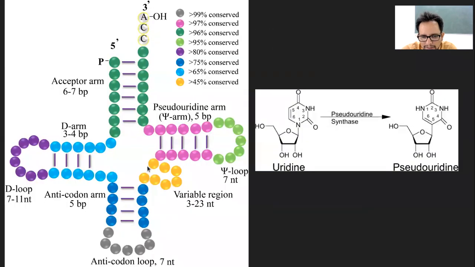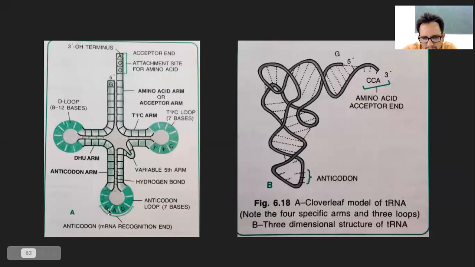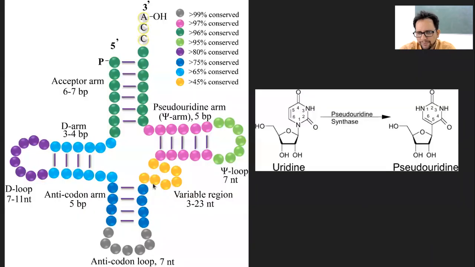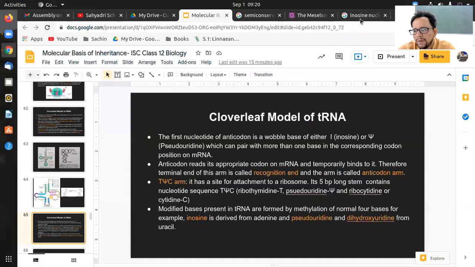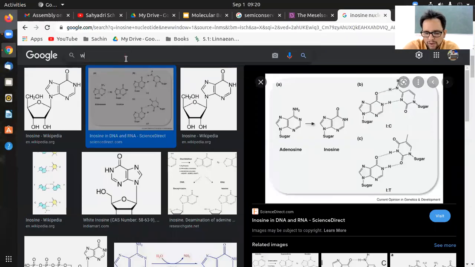So wobble means, the first base can be any of A, G, C, U, or it can also be inosine or pseudouridine. And there are reasons why it is called so, because wobble means it is not fixed.